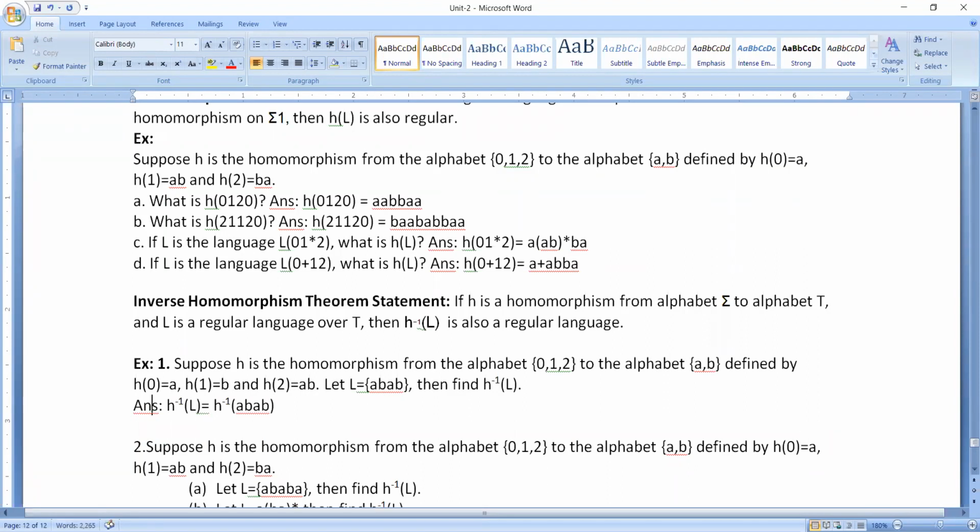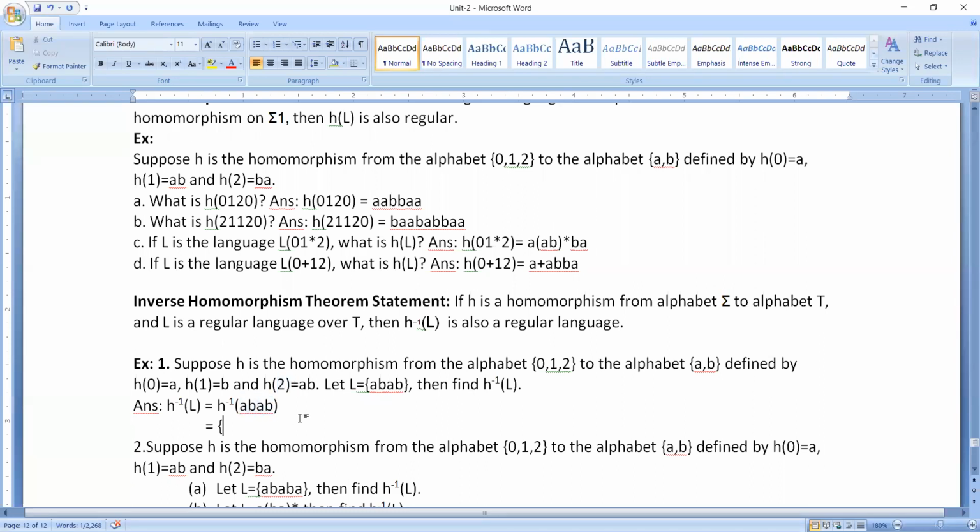Don't panic, it's a very simple topic. H inverse of abab. Now here what we have to do is find all those possible combinations with 0, 1 and 2 which will result in the string abab.